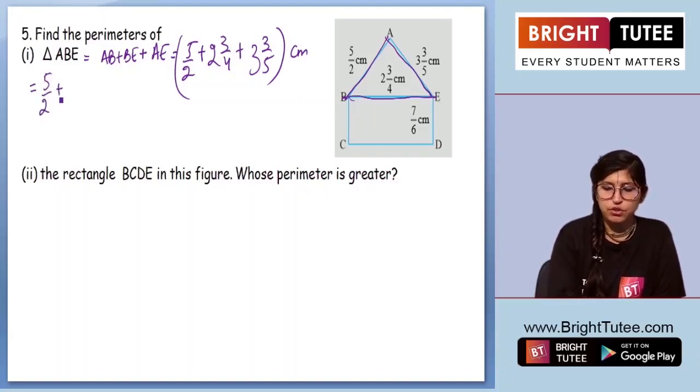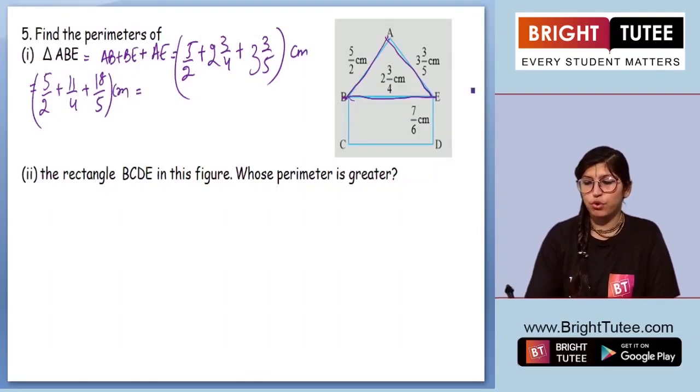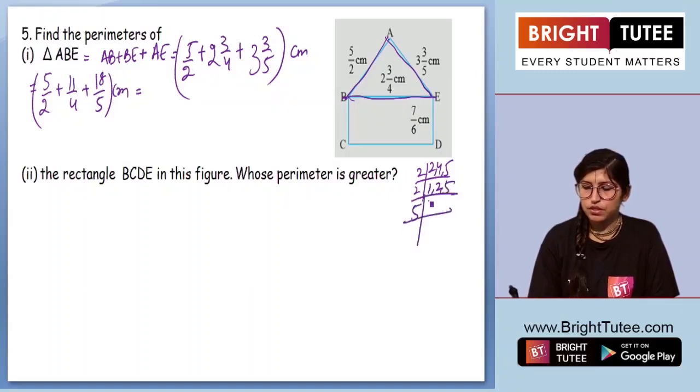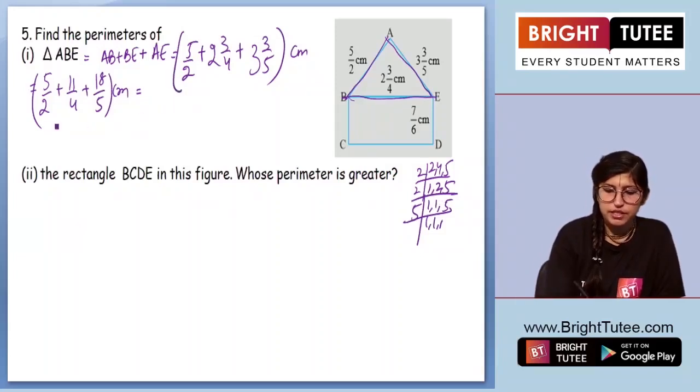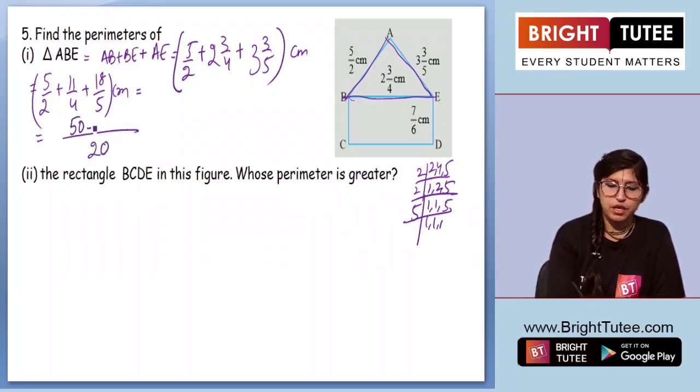So first of all, we'll convert all of them to improper fractions. So we are getting 5/2, 11/4, and 18/5 centimeter. Now we'll take the LCM of 2, 4 and 5. 5 twos are 10, 10 twos are 20, so the LCM is 20. So 20 divided by 2 is 10, so it will be 50 plus 55 plus 72.